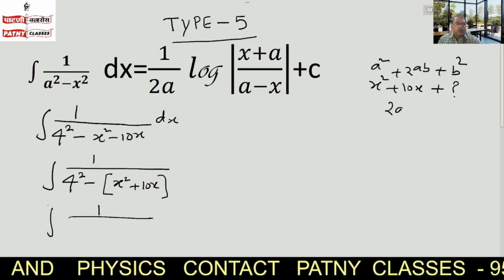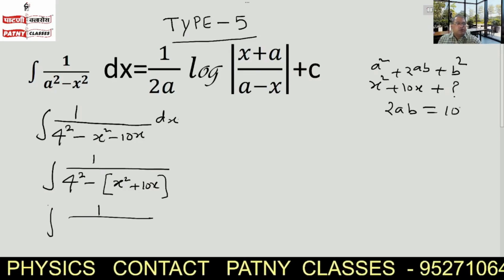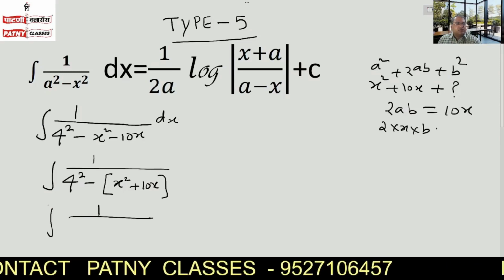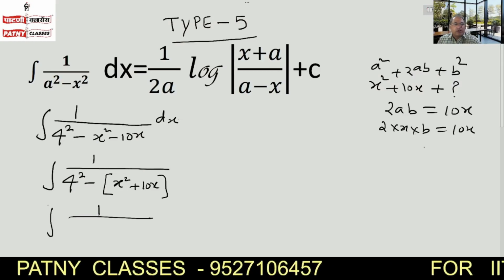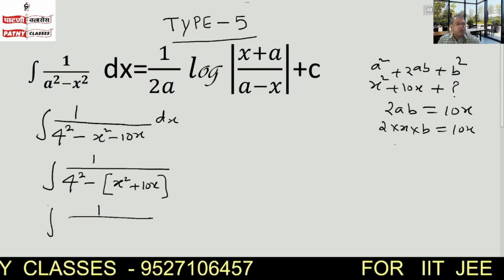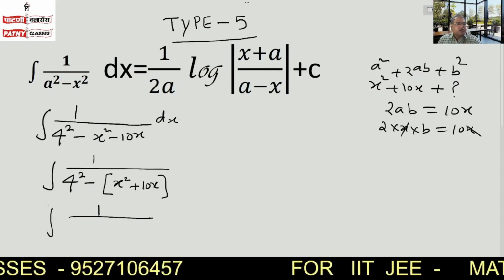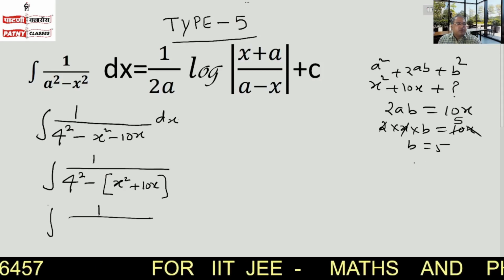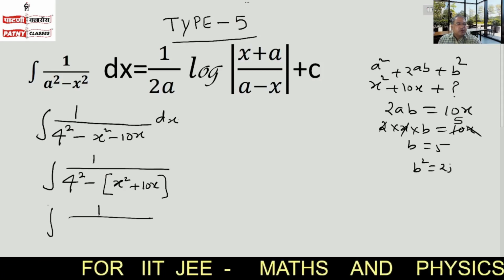So 2ab equals to 10x. a is already x. Easily we can find out the value of b. x gets cancelled. 2 ones are 2, 5 twos are 10. So b equals to 5. b square equals to 25.